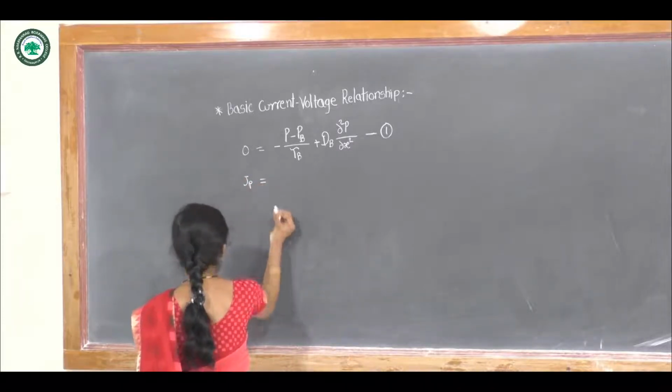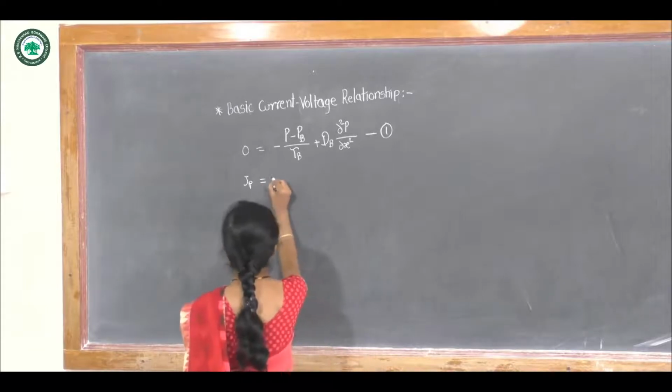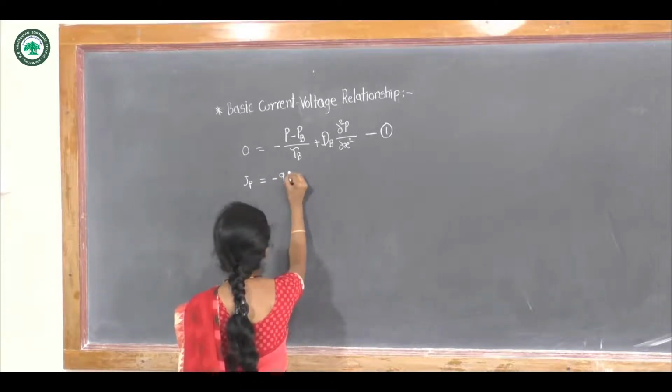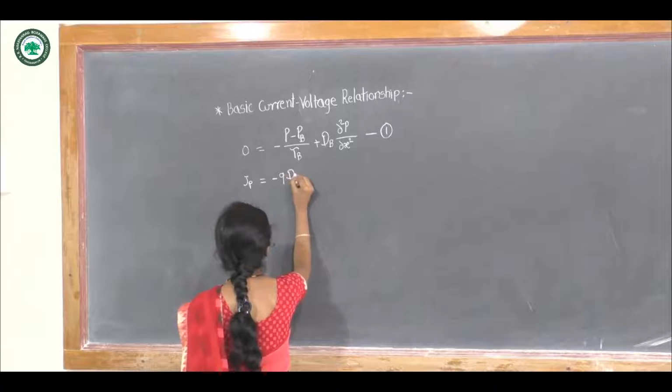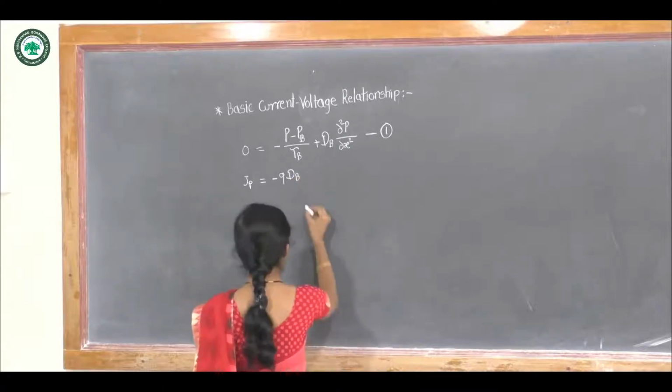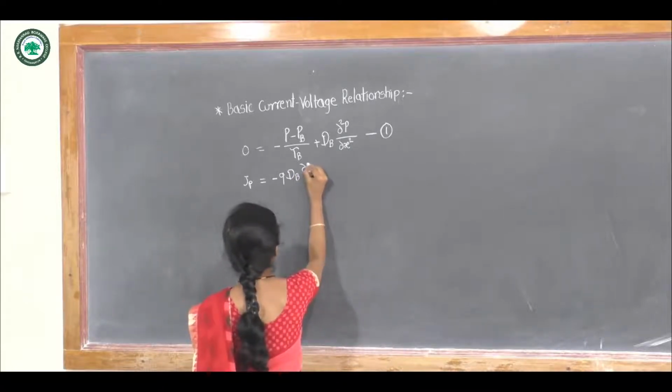From the current density equation one may write for the hole density, Jp is equal to minus Q into DB into del P by del x.